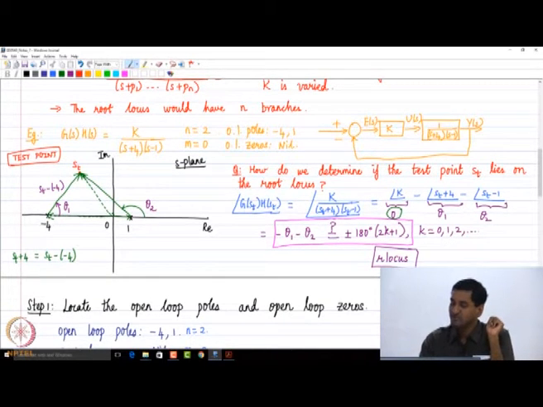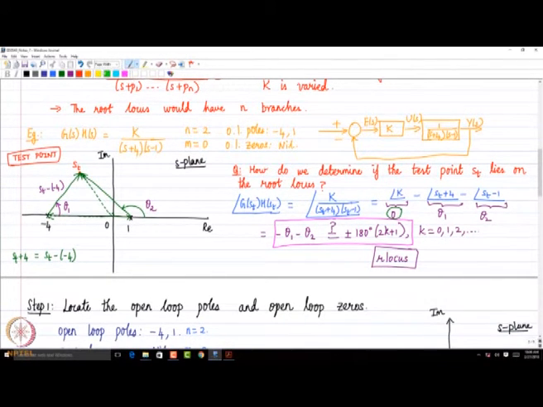If theta 1 is equal to theta 2 as st tends to infinity, theta asymptote is going to be equal to plus or minus 180 degrees times 2k plus 1 divided by 2, because you are going to get 2 times theta asymptote on the left hand side.